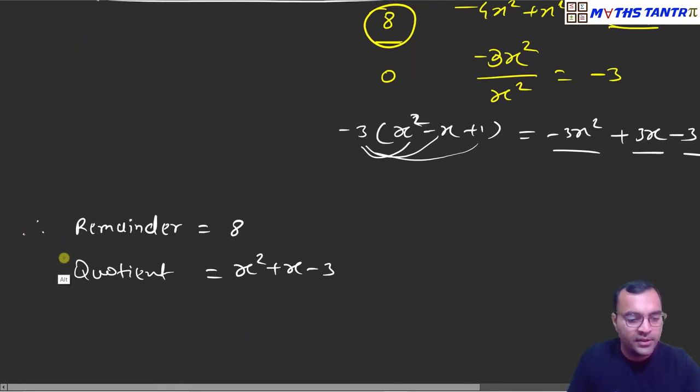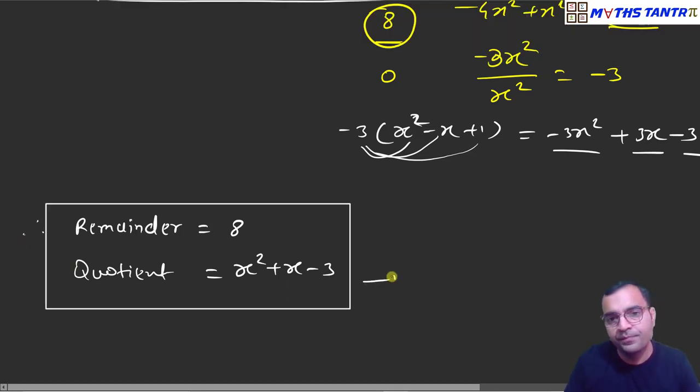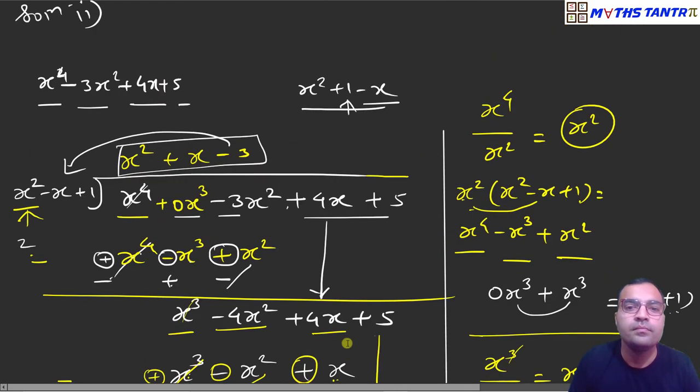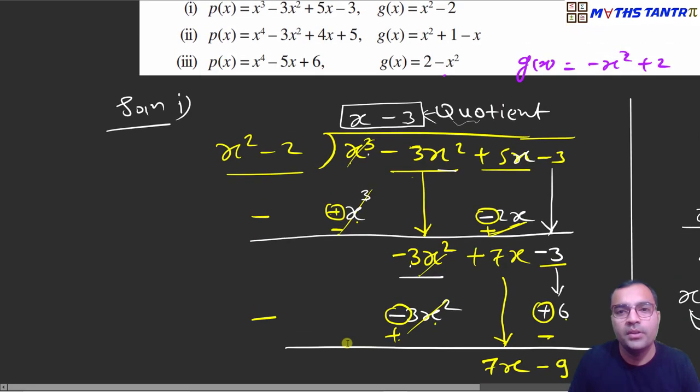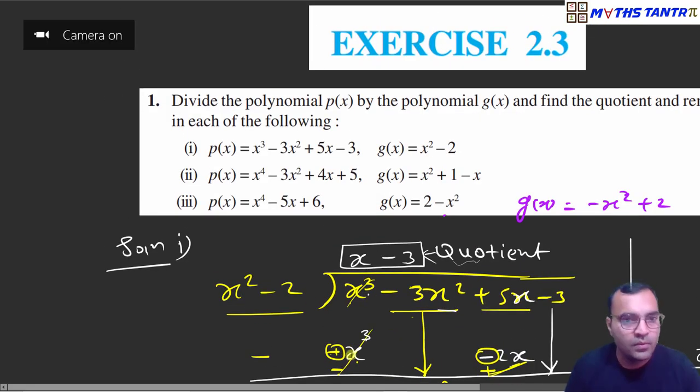Therefore, this is our answer. I hope it is clear to everyone. This is my answer, right? So here the second question we have solved. Any doubt? Anyone have any doubt? Okay. We'll start with the third one.